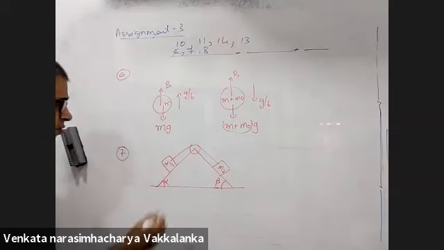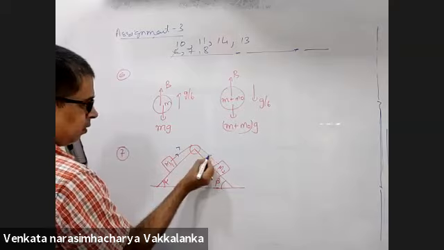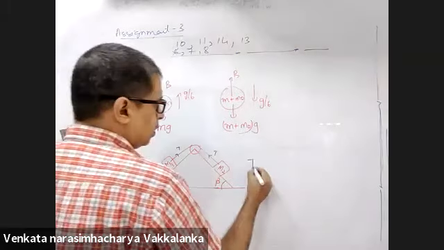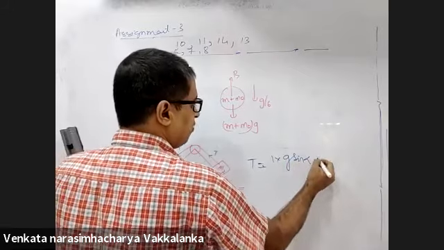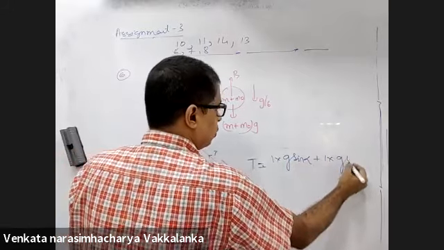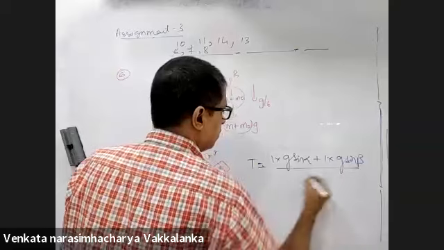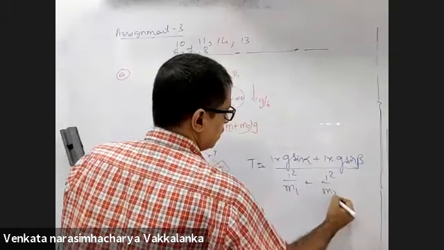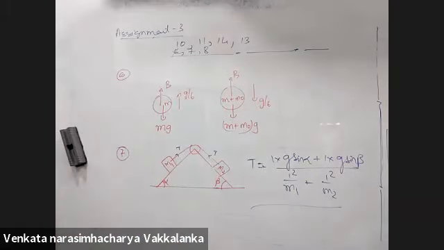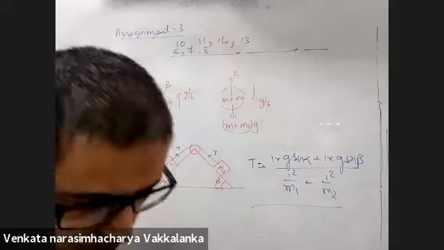Tension in the string is fair enough, direct shortcut. T is 1 into g sine alpha plus 1 into g sine beta divided by 1 square by m1 plus 1 square by m2.